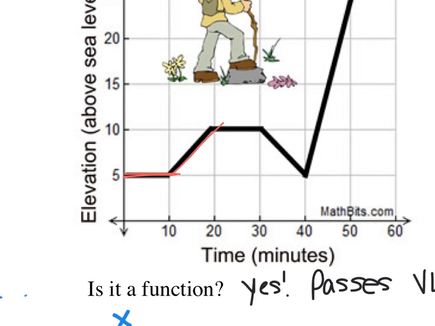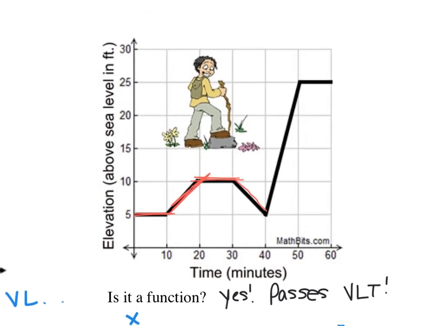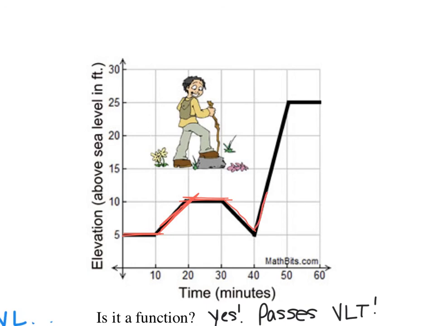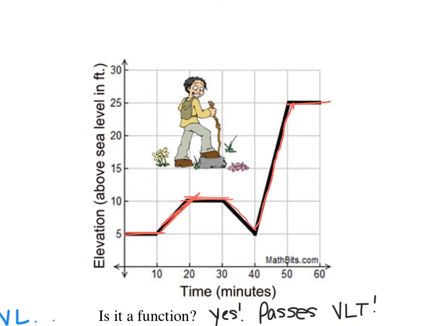From 10 to 20 minutes, the elevation is increasing, so he's walking uphill. From 20 to 30 minutes, he's at a flat rate, so he's basically at the same elevation he was just at. From 30 to 40 minutes, he goes downhill. And then from 40 to 50 minutes, it's pretty rapid, but he goes extremely higher in elevation, and then he stays at the same elevation throughout.